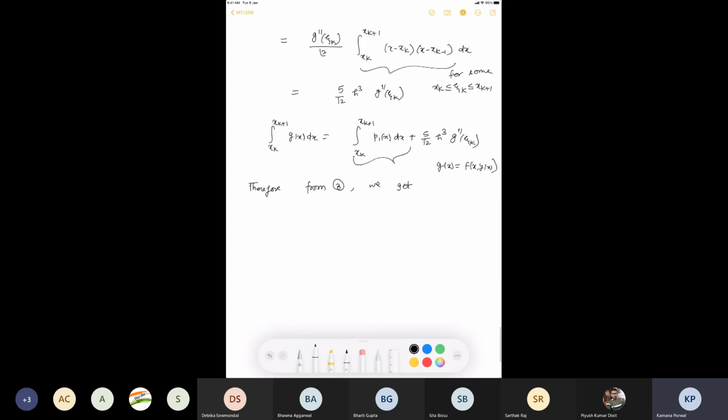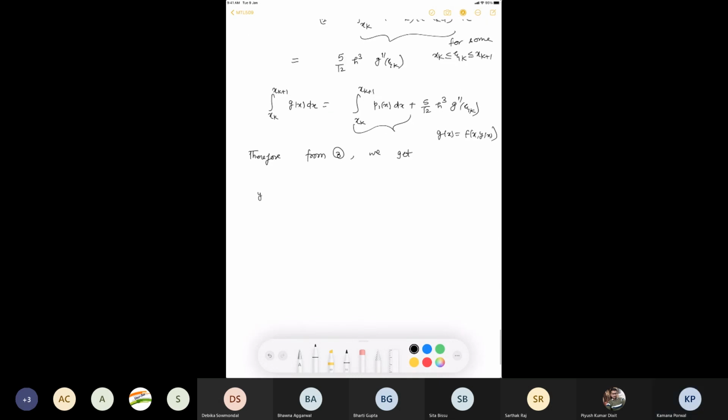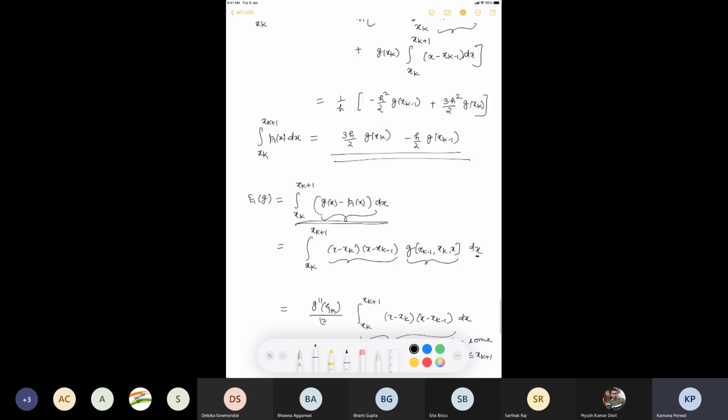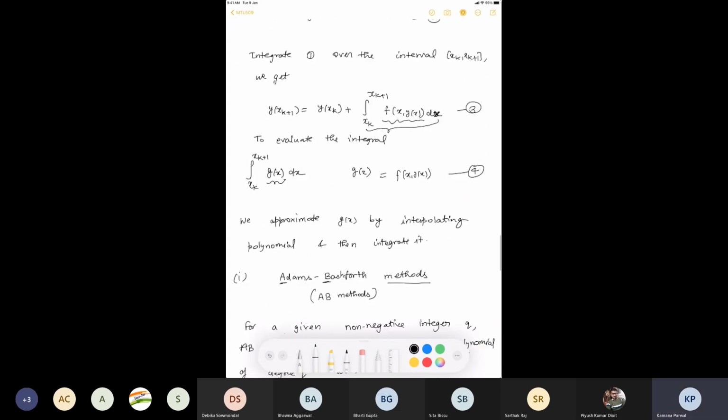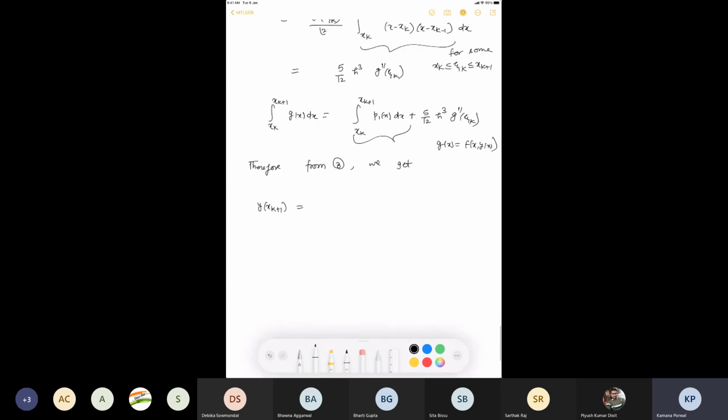So let's substitute it there. So we have y at xk plus 1. This is the same as y at xk plus this integral of g over xk to xk plus 1.